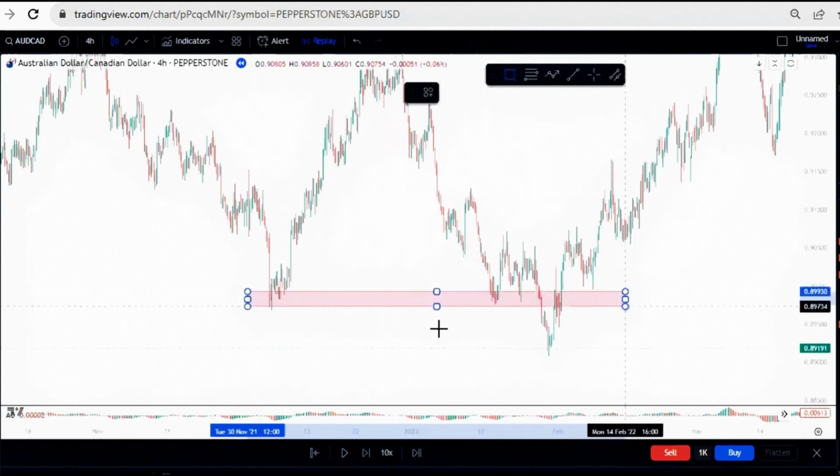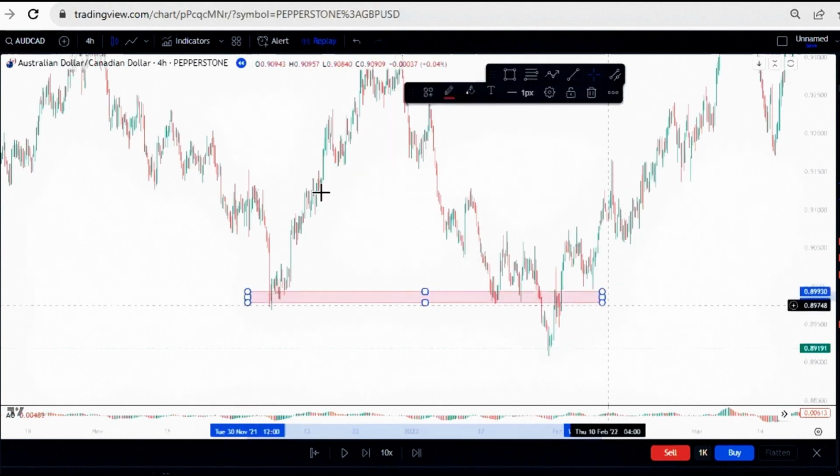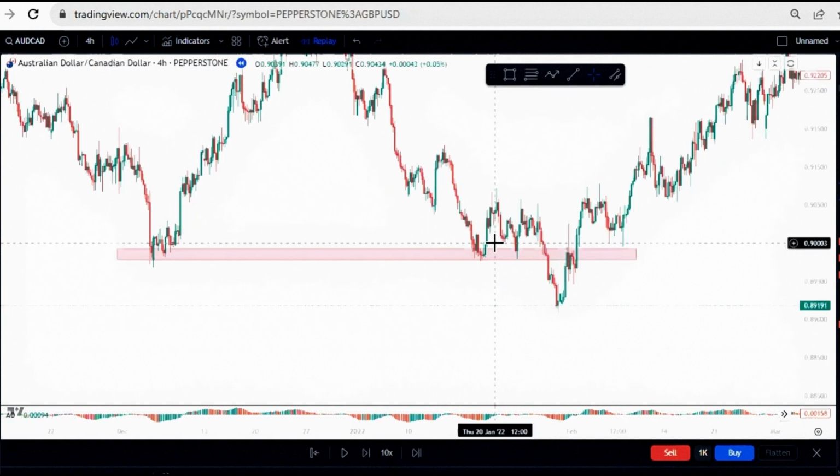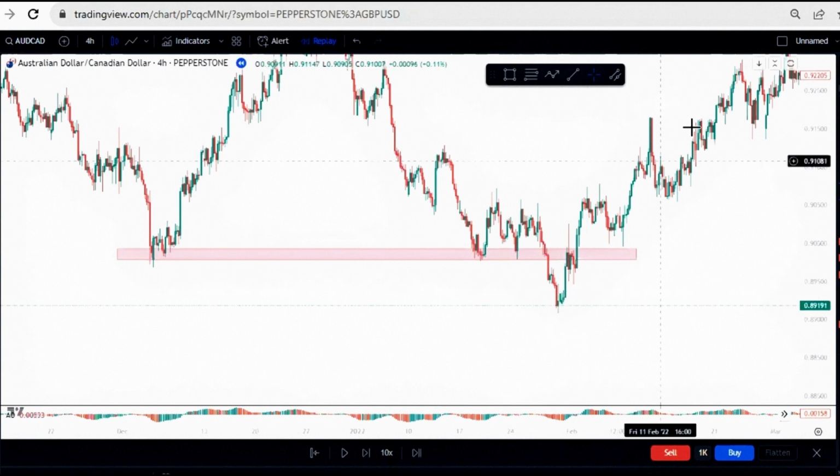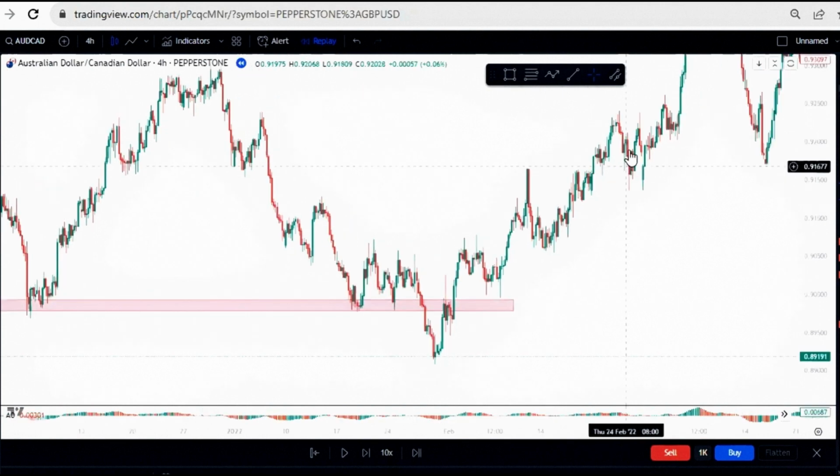We have equal lows, a double bottom. Here is where the stop losses of retail traders who went long here are placed around this zone. The smart money then pushes the price towards their stop loss orders and immediately reverses the price.